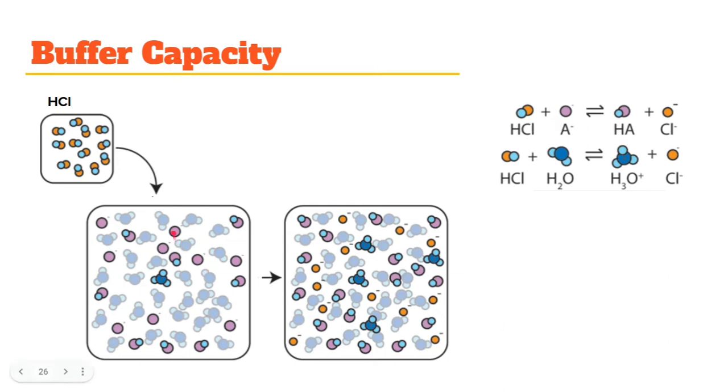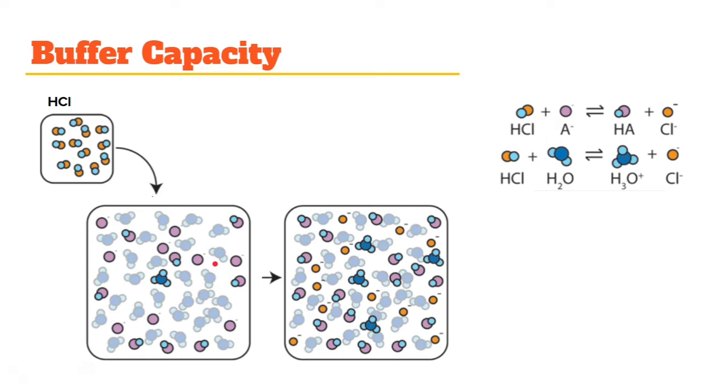Next, the purple ones here, ito po, the purple ones represented by letter A is a weak base. And then the dark blue ones is actually H2O or water. Dark blue with light blue na parang dalawa. Parang Mickey Mouse itsura. This is the water molecules.